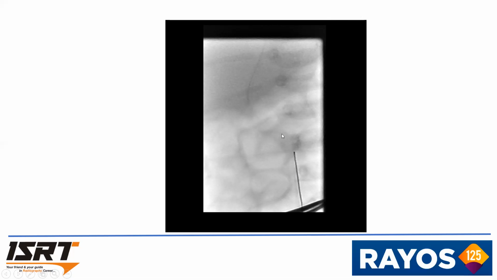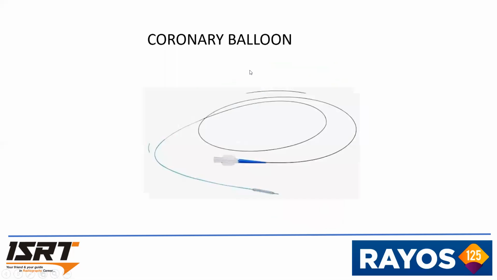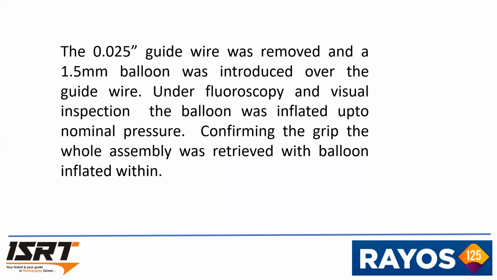After that, 0.014 guide wire could pass along the side. And after that, this 0.025-inch guide wire was removed and a PTCA guide wire 1.5 mm balloon was introduced over the guide wire. Under fluoroscopy and visual inspection, the balloon was inflated up to the nominal pressure.